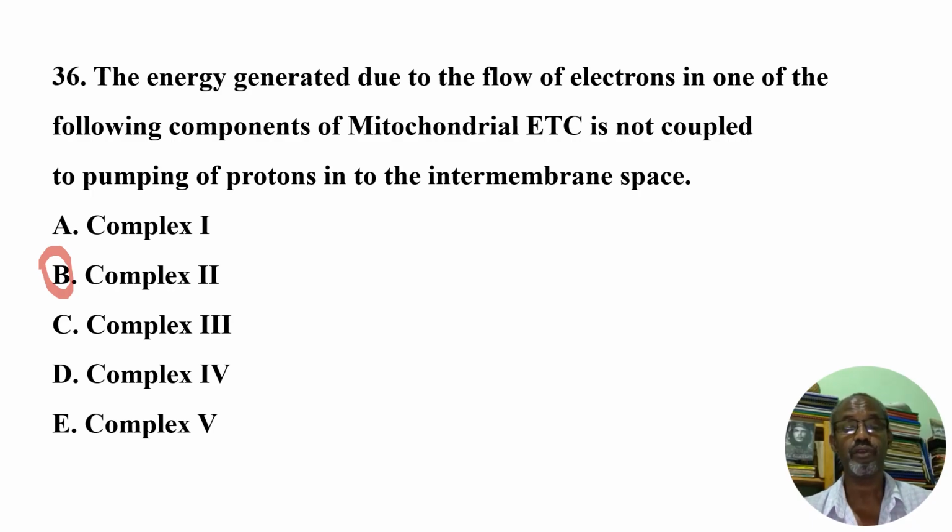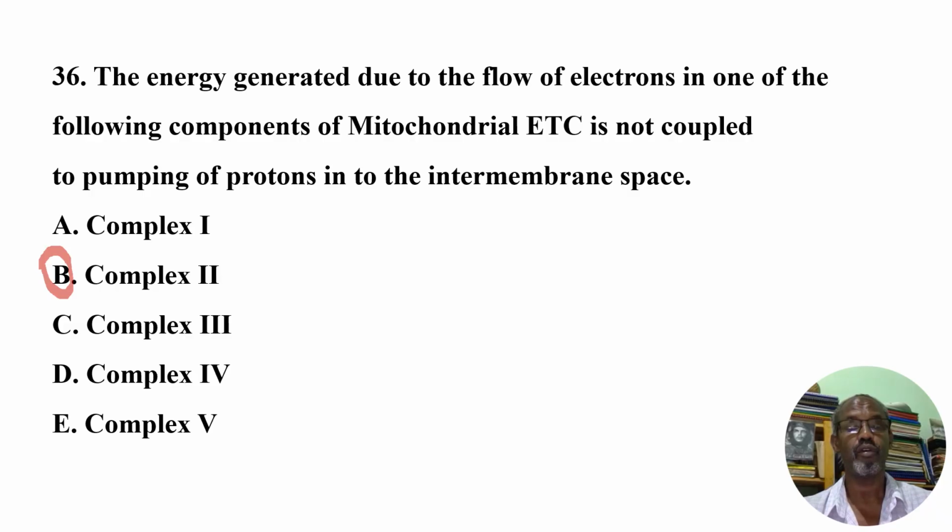You see, complex 2 is also the enzyme that has its hand in the citric acid cycle. You remember, succinate dehydrogenase, which helps in the production of FADH2 when succinate is transformed into fumarate.